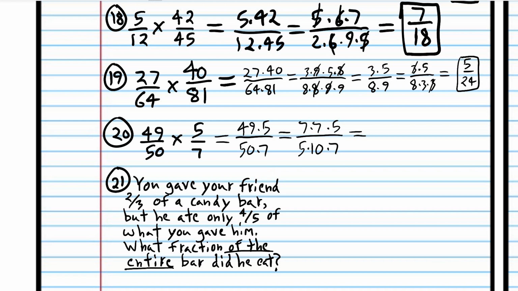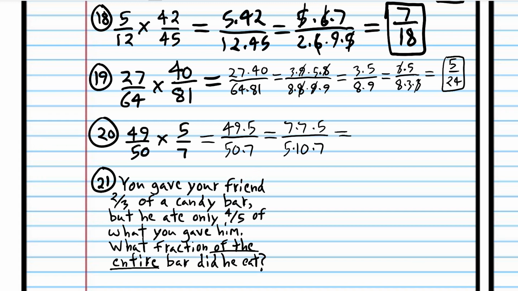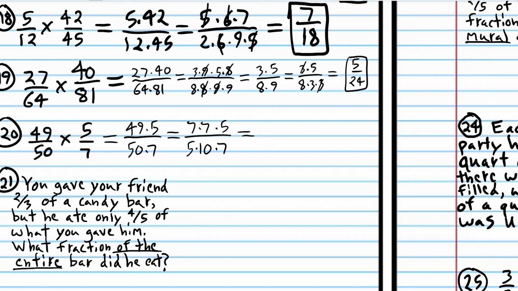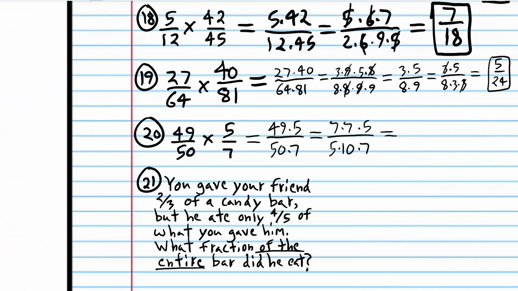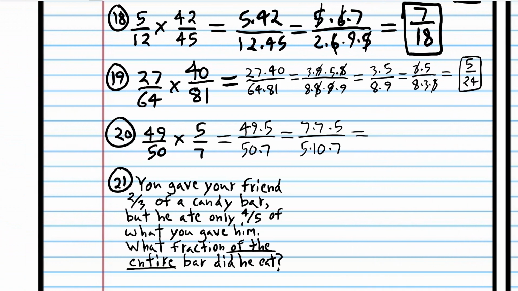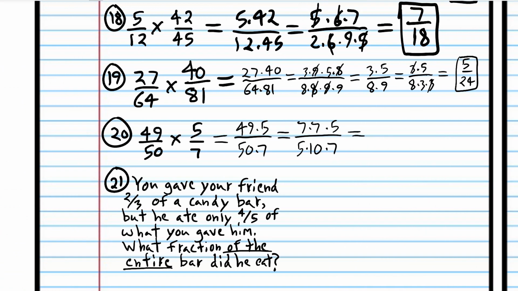I could factor 50 to 2 times 25, but that would just make it longer because then I have to factor 25 to get 5 times 5, so I'm just doing it the easiest way possible. Now, I can only cross out one 7 in the top because I only have one 7 in the bottom. And the 5's, of course, cancel out, and I'm left with 7 over 10.